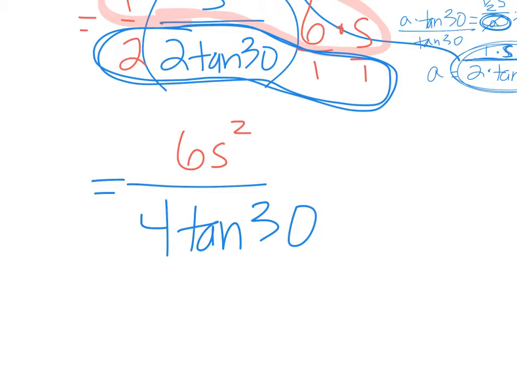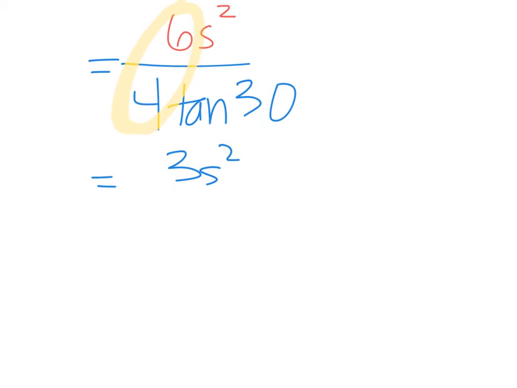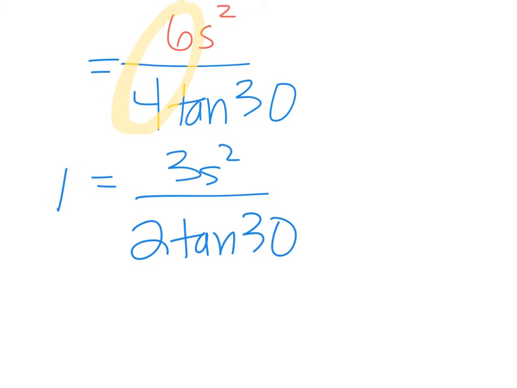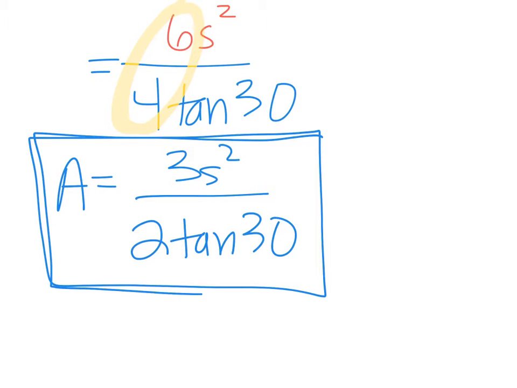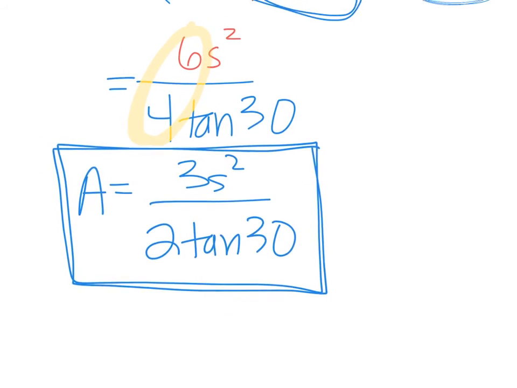Which is a pretty good equation, only I know, maybe you do too, that I can simplify 6/4 to be 3s squared divided by 2 tan of 30. So if I just knew the side length, I would be able to figure out what the area of this hexagon is by using that formula, using a trig thing. But that's not the only way.